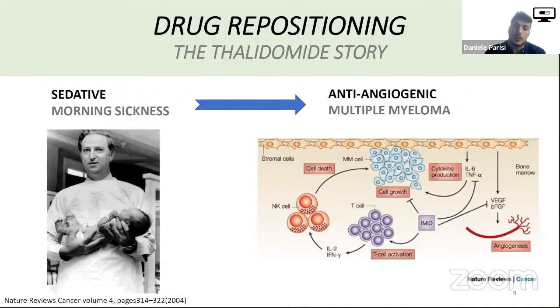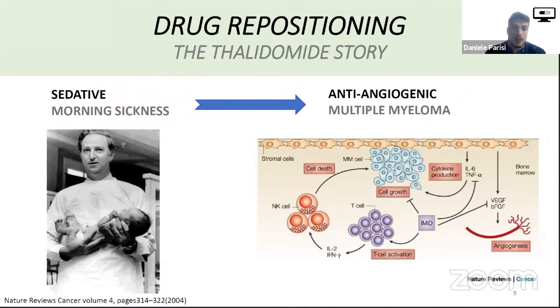Later on, the teratogenic effect was connected with anti-angiogenesis, the ability of stopping the growth of blood vessels, and this side effect became actually a very strong therapeutic indication in order to stop the growth of blood vessels in tumors.